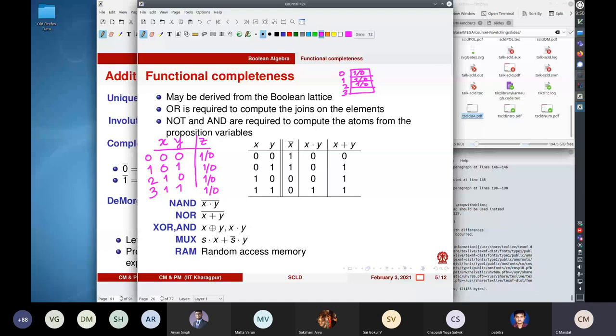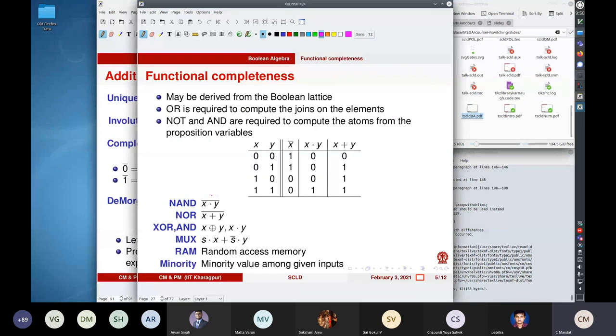Whatever I have here, I can just remember, and that is how I can use the RAM. So basically, this is my RAM. If I have 2 address inputs, and this is my output Z, I can just remember the function. So that is how this RAM serves as a functionally complete module.